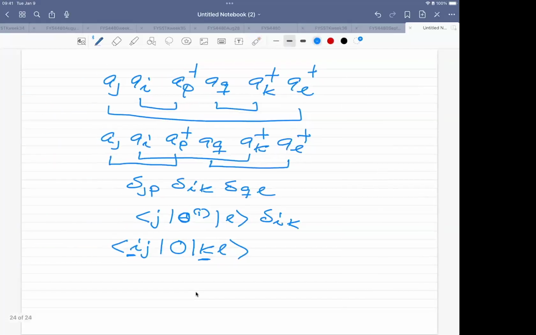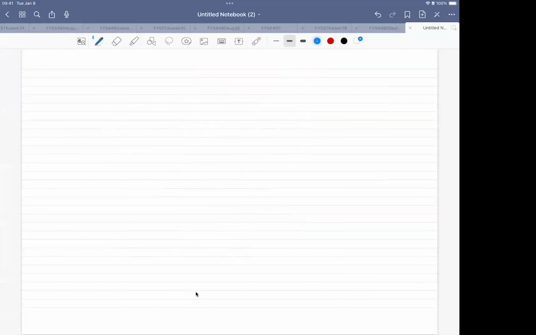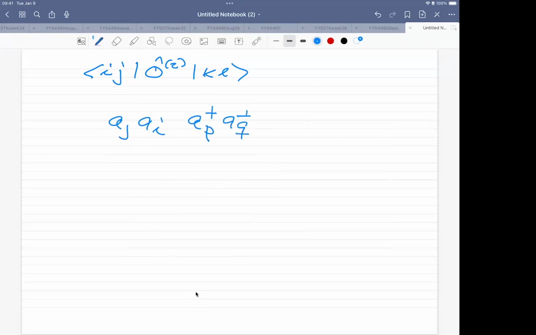Okay. The next example, which is also in the exercises, is a two-body operator. So let's now take IJ, and now we have a general two-body operator, and we don't specify what that looks like. And then we have the same states K and L, which are not acted upon by the operators. We are going to have something which looks like what we had before, a_Q, a_L.